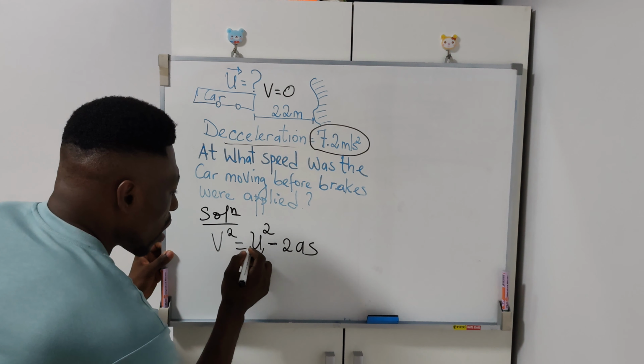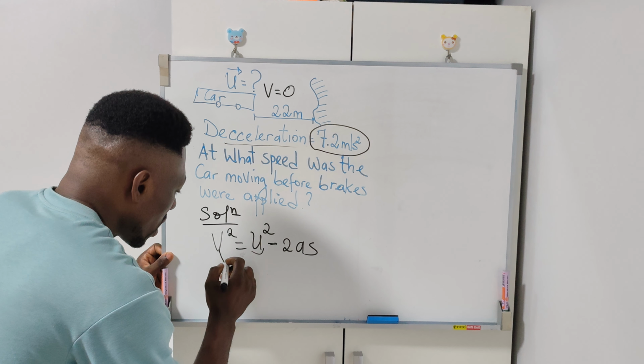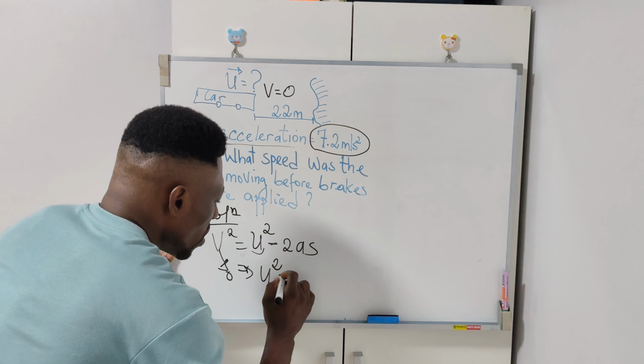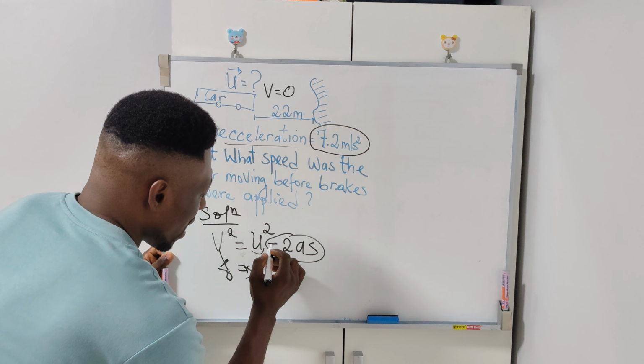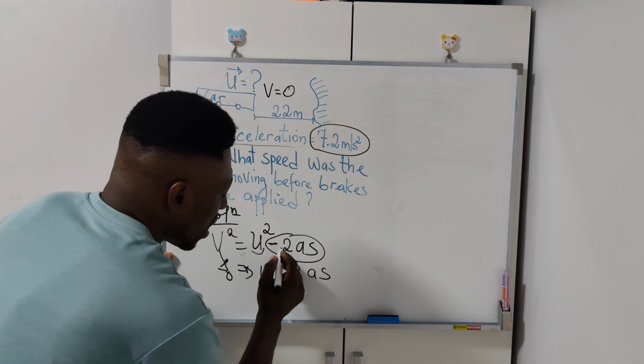Now from here, this is what we are looking for, and this is what we will make the subject of the formula. Now, take into account that v is 0. Therefore, u squared will be equal to, we send all of this component to the left, and of course the sign will change, and it becomes 2as, no longer negative.